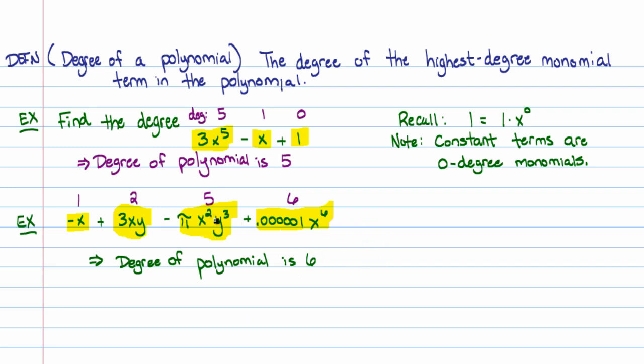Now, let's talk about why we call 6 the degree of the polynomial, whereas with monomials we normally add up the powers.